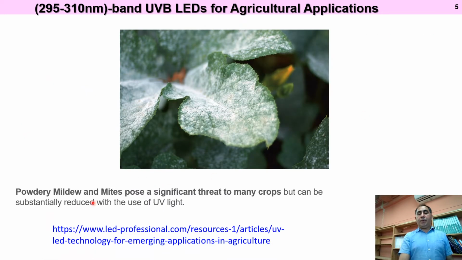And also powdery mildew and mites pose a significant threat to many crops, but can be substantially reduced with the use of UV light. So UVB light has a lot of wonderful applications.